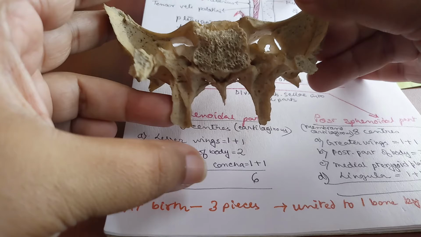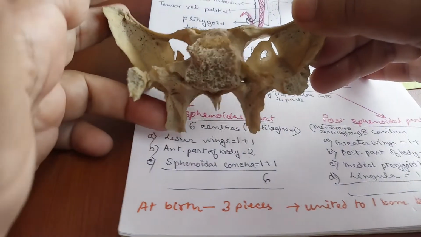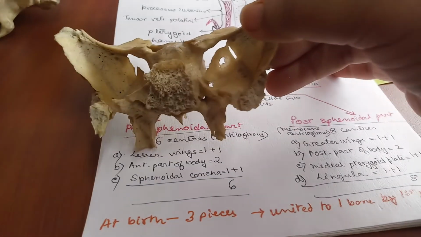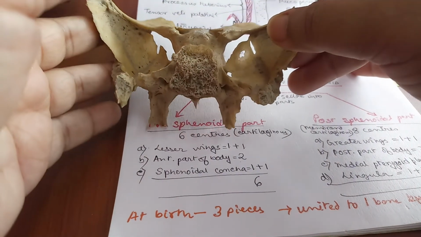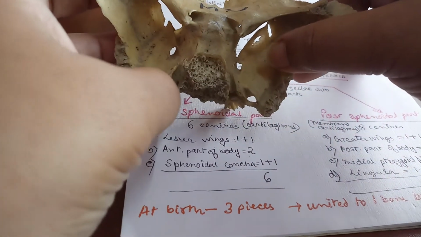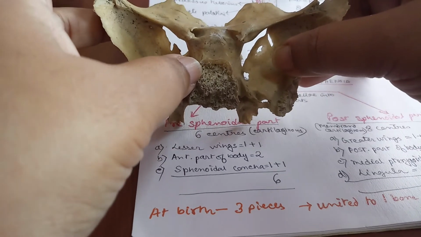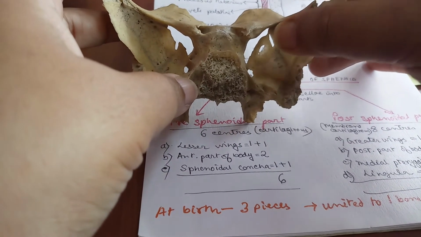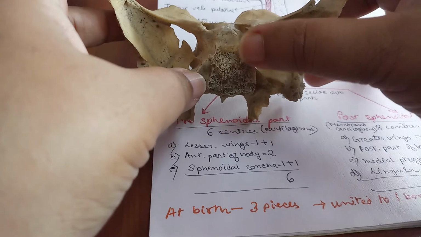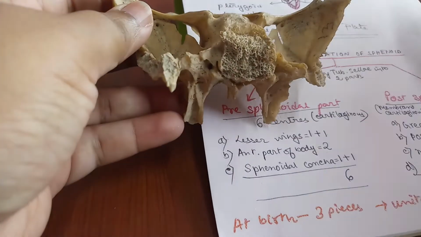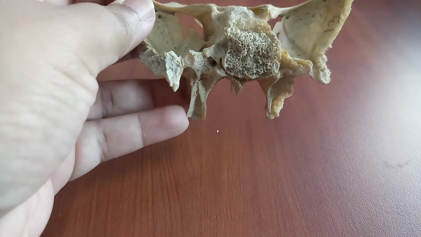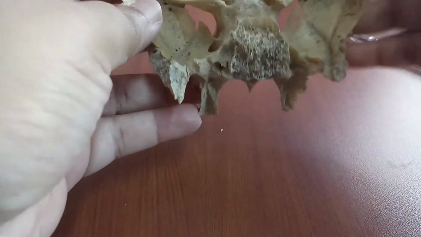Then for each medial pterygoid plate we will again have a center, and also centers for the lingular region. So the post-sphenoidal part of the sphenoid is membranocartilaginous in ossification.